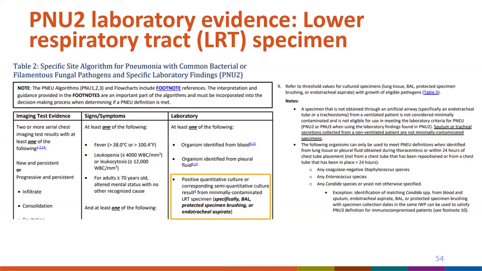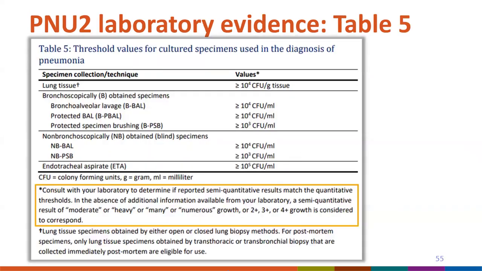Additionally, footnote number 9 directs you to table 5 for threshold values for growth of eligible pathogens on culture. Remember, the laboratory requirement is for a positive quantitative culture or corresponding semi-quantitative culture result. Table 5 provides the threshold values of quantitative growth on culture that must be met for the eligible specimen types.